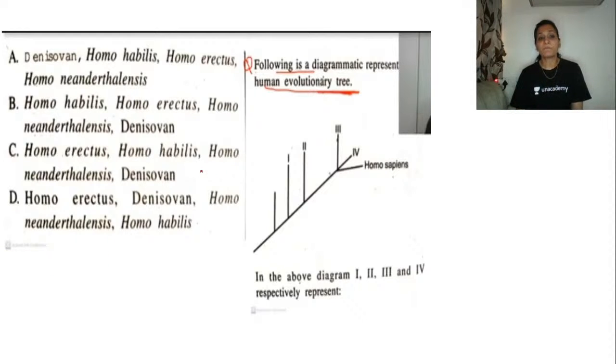So we know that Homo neanderthalis came third, and Denisovan came near about that. So just to solve these types of questions, we should have a small idea in our mind about which one came first. What is so special about Homo neanderthalis is that their cranial capacity was large and larger.